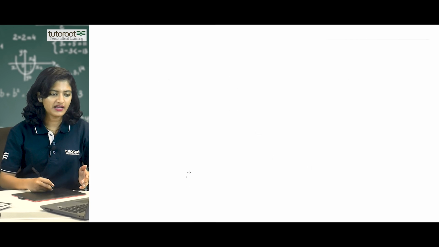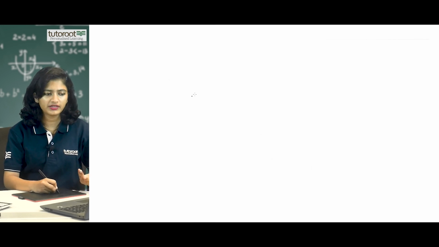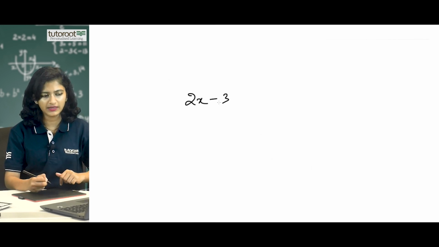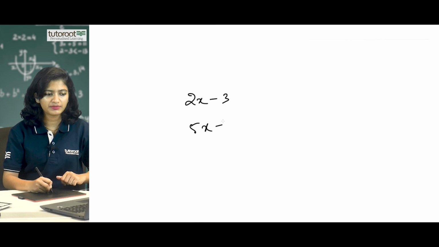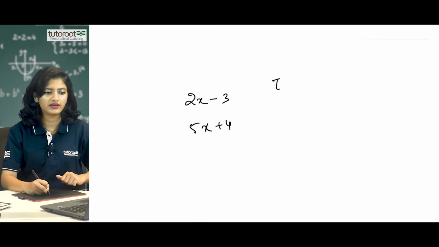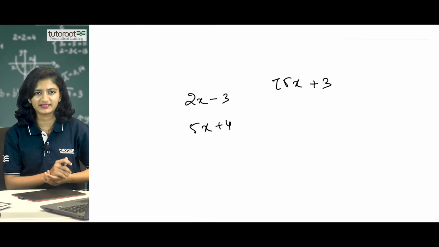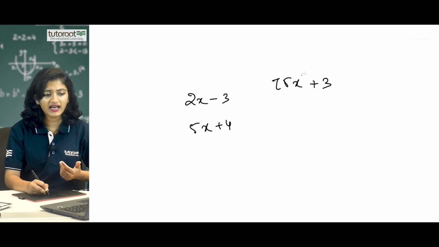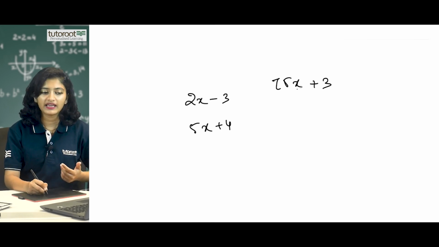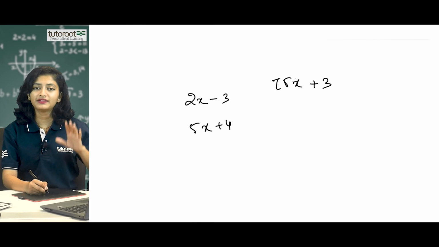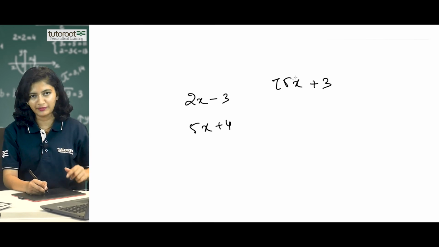What are a few examples of linear polynomials? You have 2x minus 3, or 5x plus 4, or 75x plus 3, whatever it is. Wherever the highest power is 1, that polynomial is called a linear polynomial.